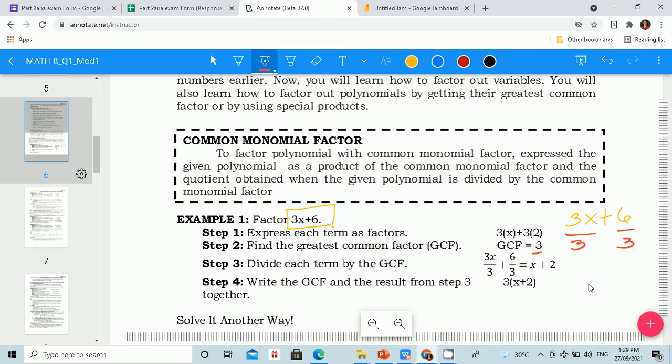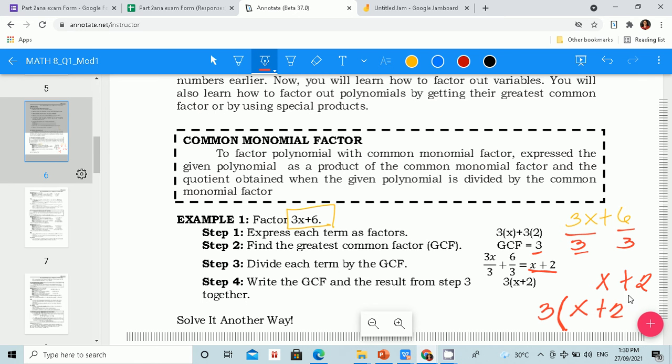So we have here x plus 2. Now what will we do with our 3? We will go back and write the GCF, the factor, and then multiply.